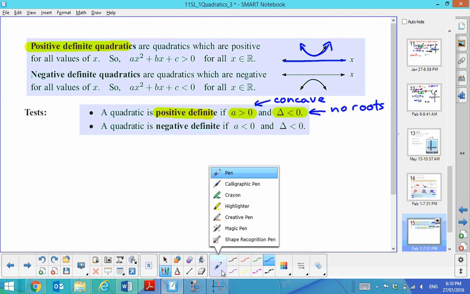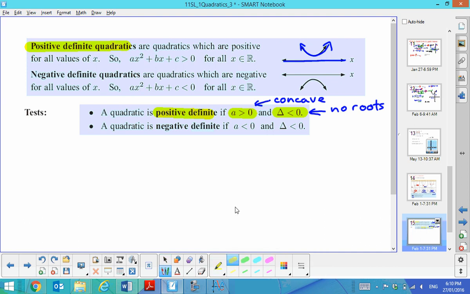A negative definite means we've got something that's concave down and again a discriminant less than 0. Discriminant less than 0, no roots.